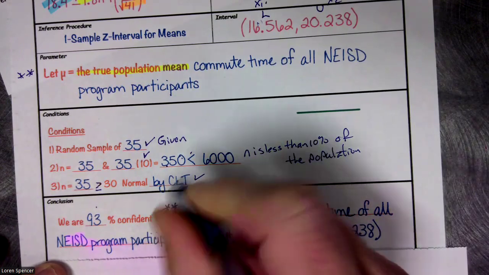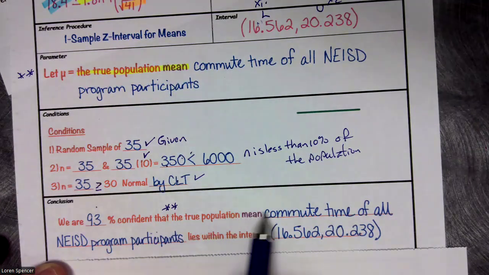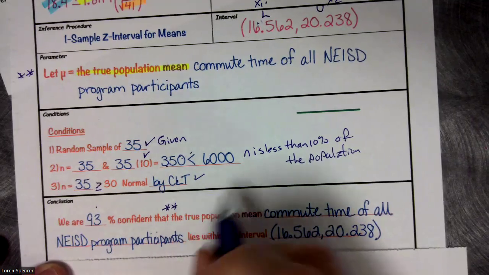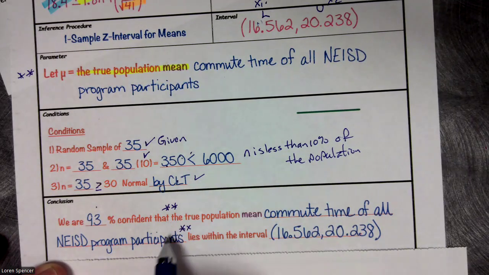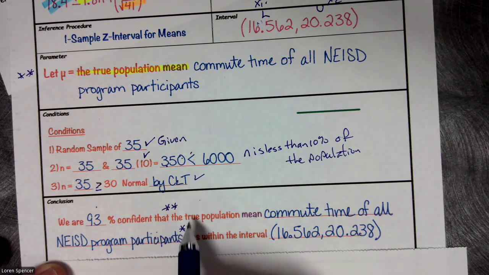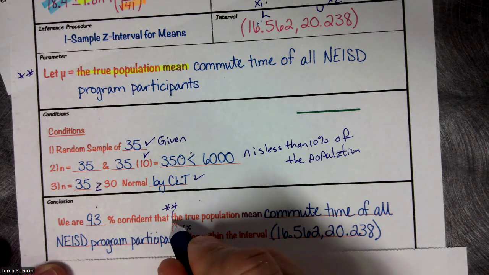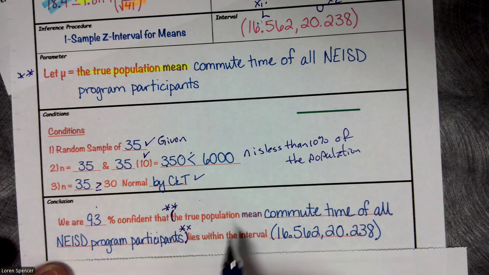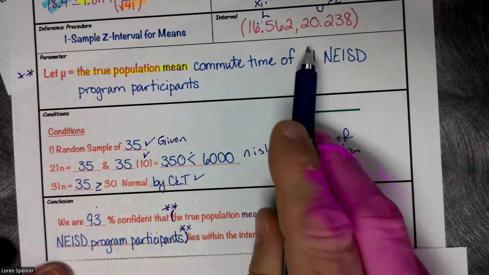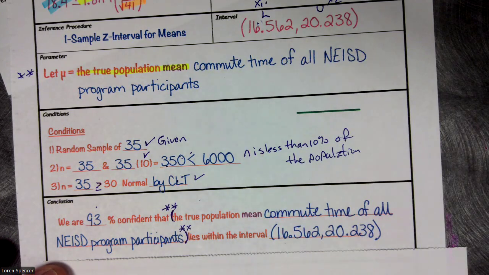Beginning right here, true population mean commute time of all NEISD program participants, that came straight from the parameter. So this part right here is the parameter. You've already written it once. You just need to write it again. Lies within our interval. Well, our interval came from right there.